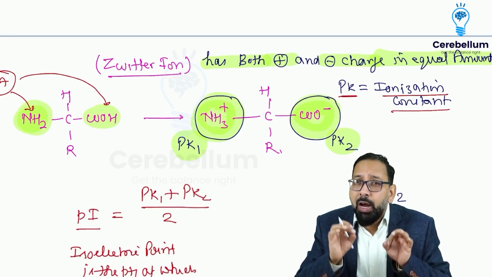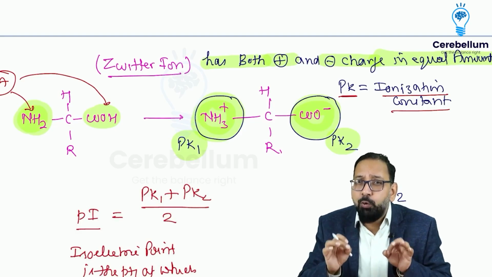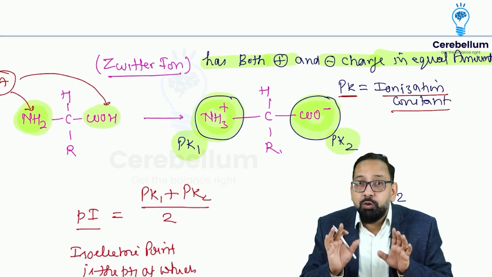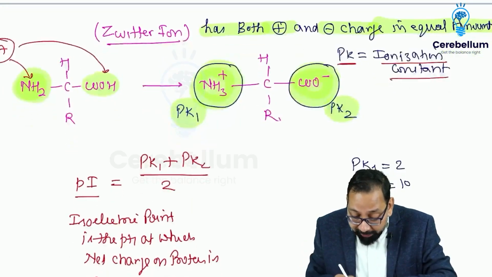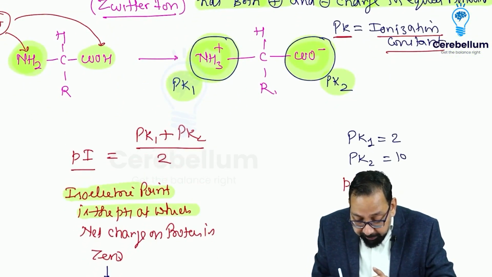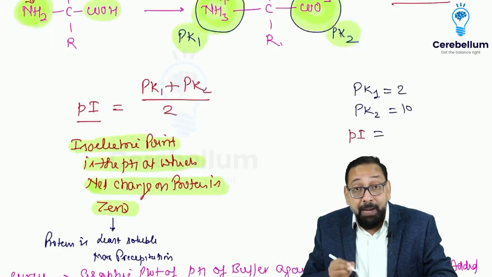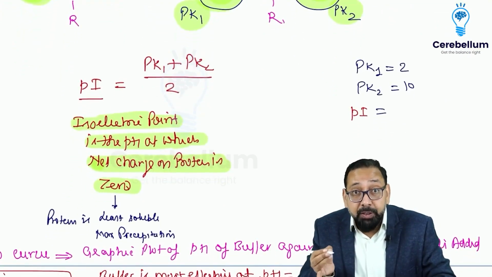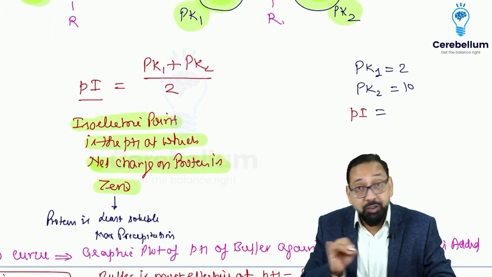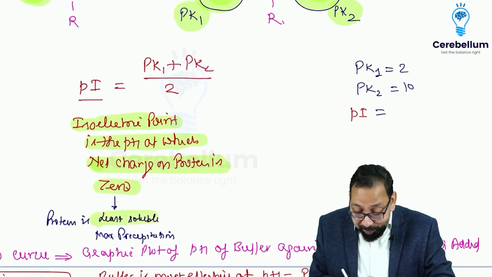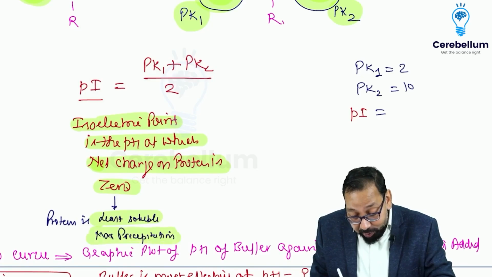At a particular pH, the net charge on the amino acid, zwitterion or protein is 0. That is called the isoelectric point. So the isoelectric point is the pH at which the net charge on the protein is 0. When net charge is 0, it is least soluble, and maximum precipitation would occur.